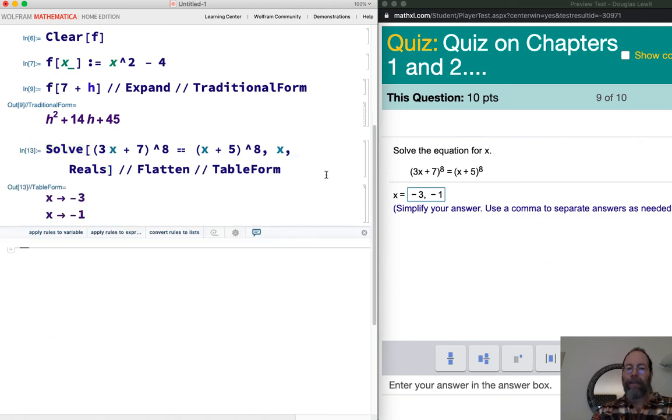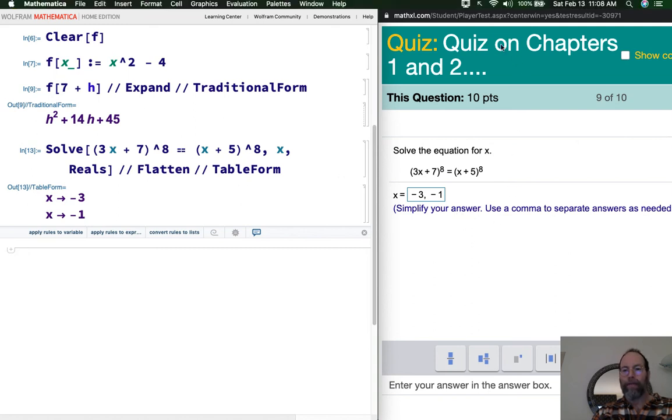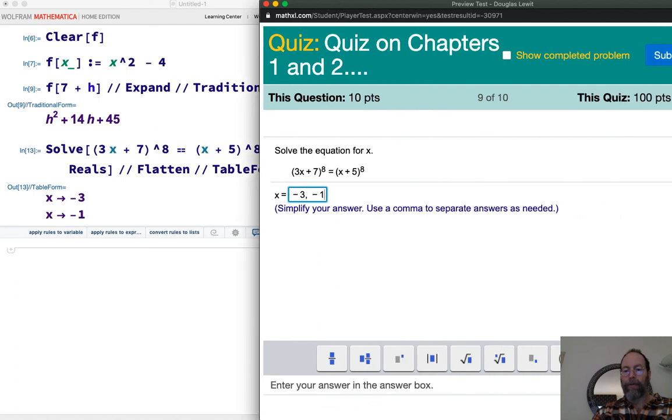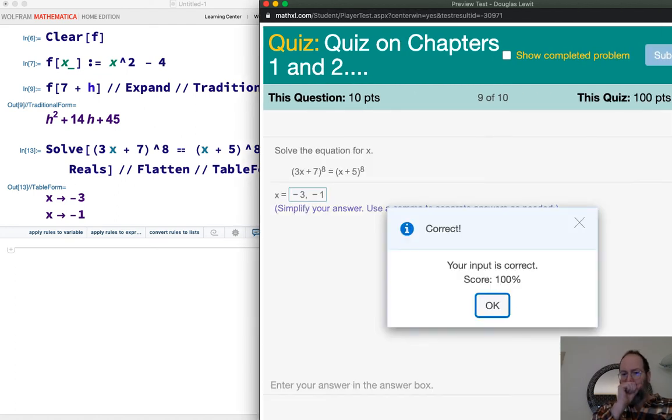Okay, so x can be -3 or x can be -1, right? And let's see if that's correct. Okay, that is correct.